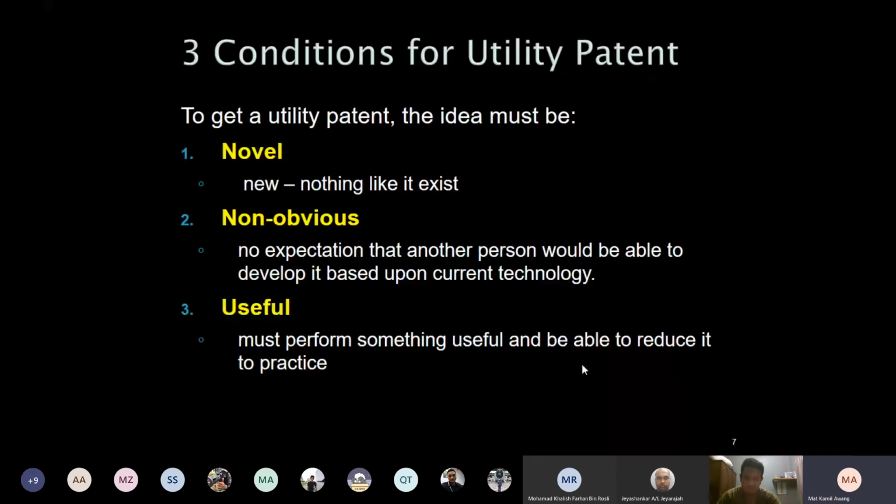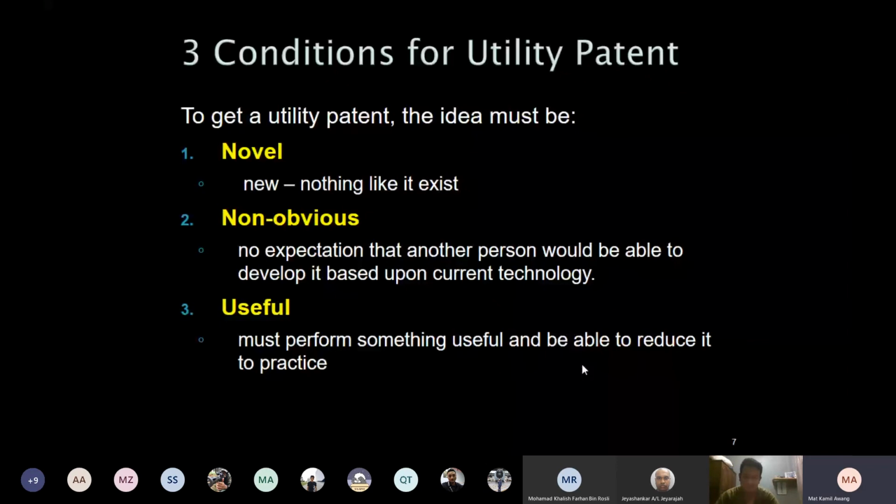And that idea must be non-obvious. What does non-obvious mean? It means that if another engineer with the same experience, the same qualification, and the same knowledge as you is not able to come up with that idea, then it's non-obvious.